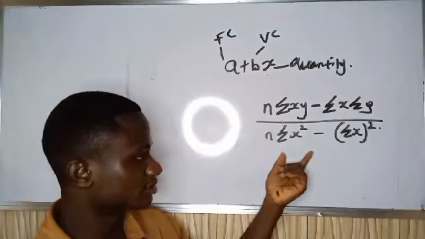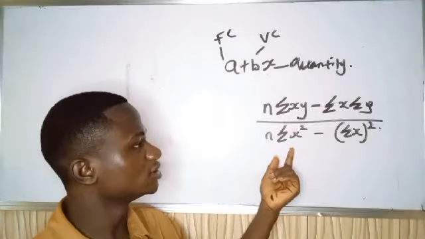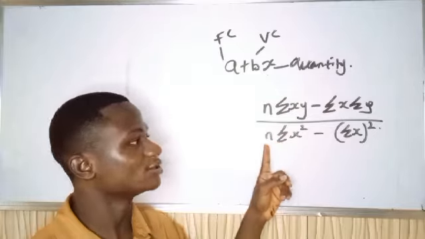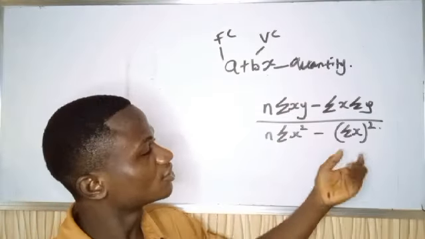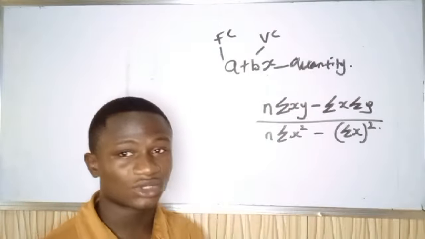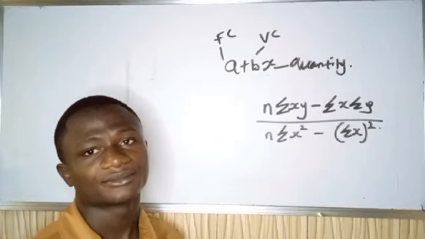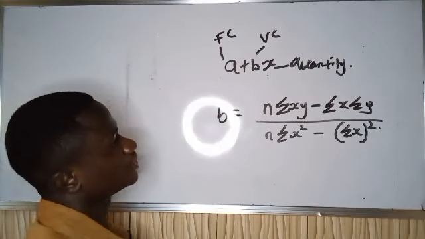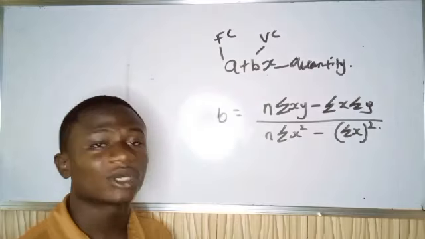And this means that you first get x squared, then you find the summation of x squared and multiply it by the number of months you are testing, and this one is summation of x alone, not x squared, then you now square it. So this is the formula we use in getting our b, which is your variable cost per unit.